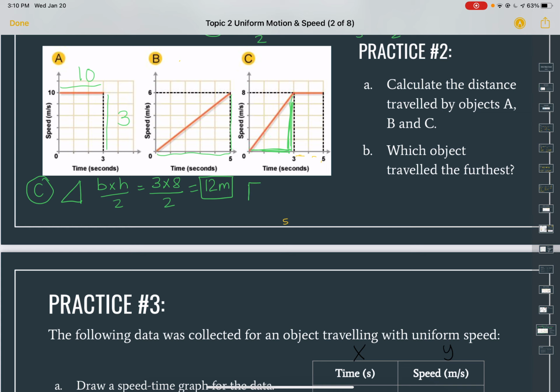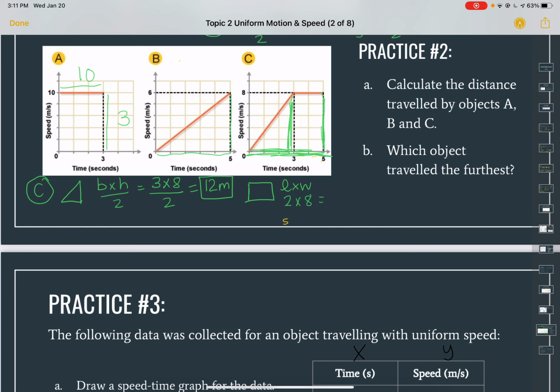We still need to do the rectangular part, which is length times width. So doing that, we've got the length, this part by this. Remember, we're not going to do this whole part, but just the one little part. So between 3 and 5, that's actually only 2 times the height again, which is 8.